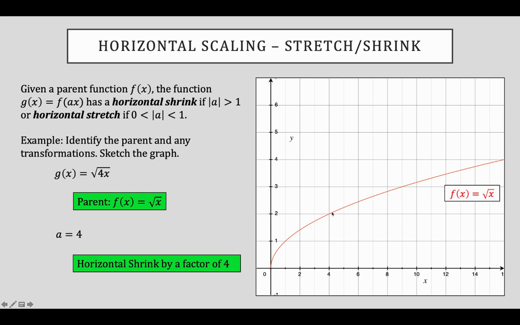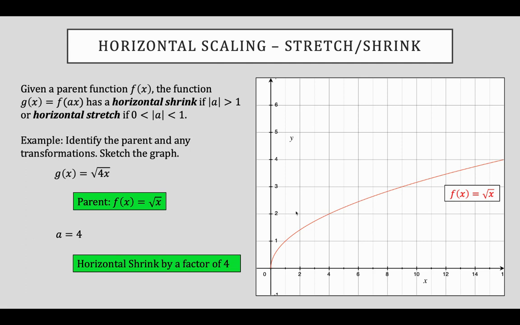This corresponds to the point 4, 2. Well, if I take the x-coordinate 4 and divide it by a, 4 divided by 4 gives me 1. This point is going to get compressed towards the y-axis. We are shrinking it horizontally, and my new ordered pair will be 1, 2.